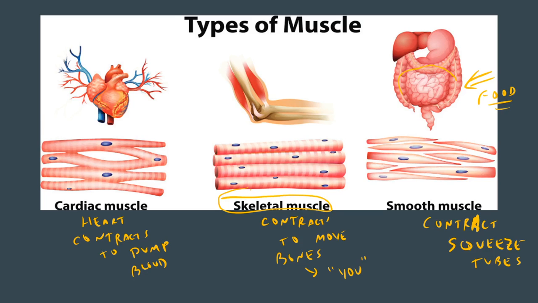The other two types that are involuntary, that you do not control, but that move other things in your body, are your cardiac muscle, that pumps your blood, and your smooth muscle. And depending on what tube that smooth muscle is the wall of, it moves different things depending on what the tube is.